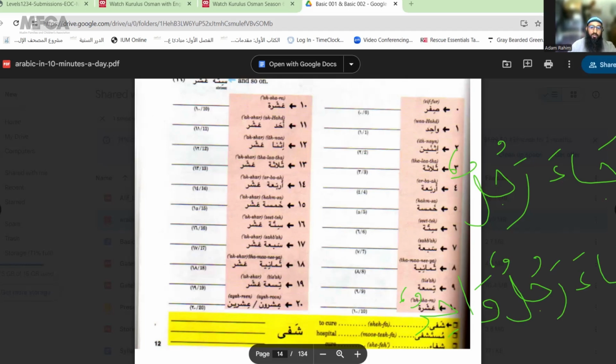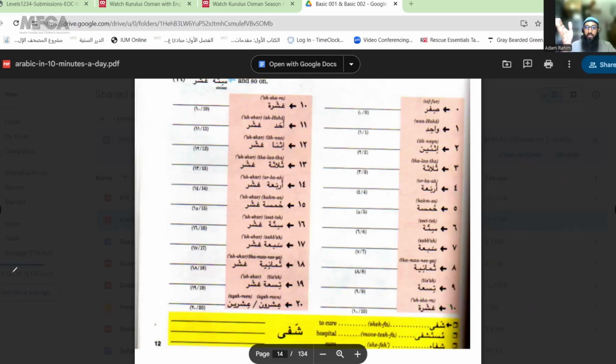The same thing could be used for ithnan. Like we said, the reason why 1 and 2 do not require al-ma'dud, the thing being counted, is because we have mufrad and we have muthanna.